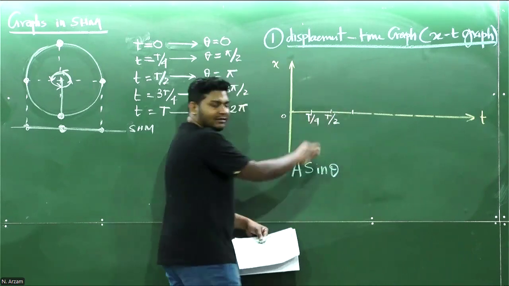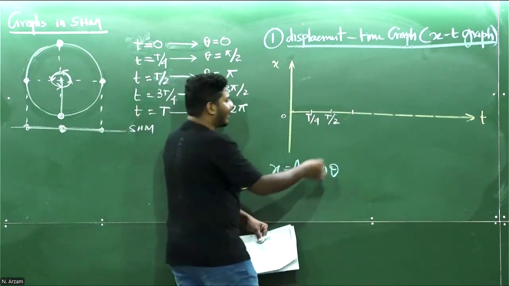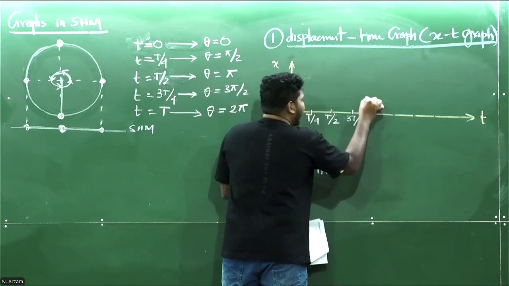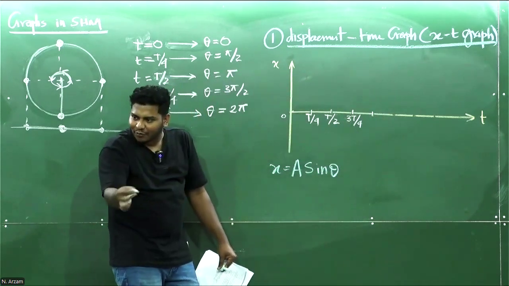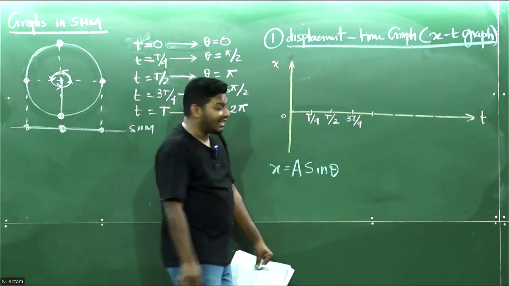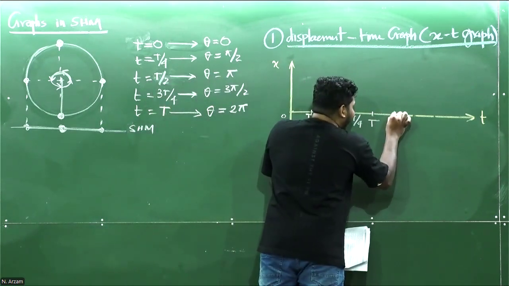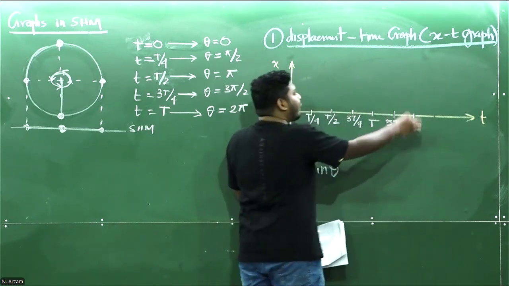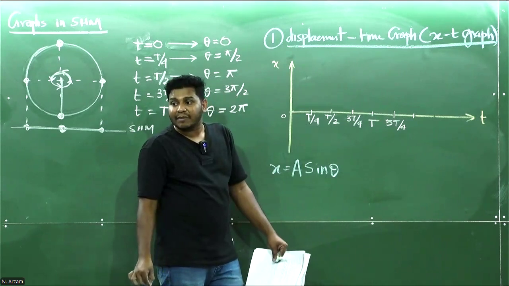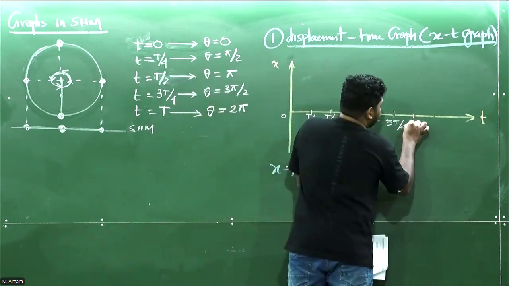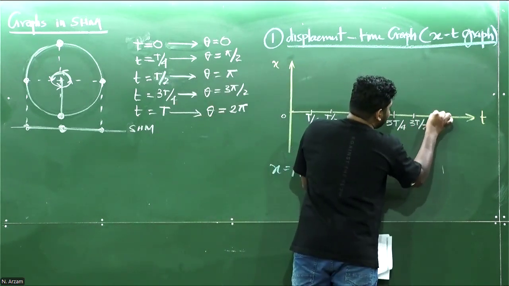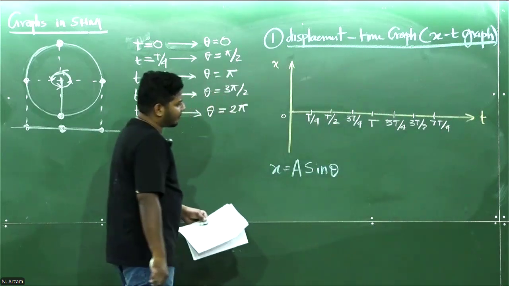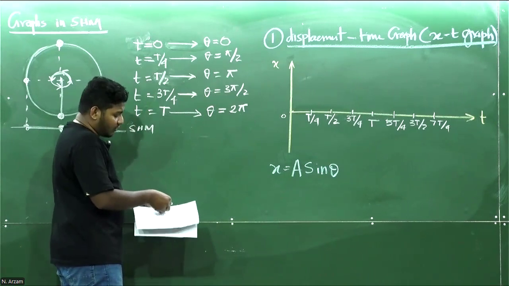This is 3T by 4. I'm getting the scale like this. This is 4T by 4. 4T by 4 is equal to T. This is 5T by 4. This is 6T by 4, which is equal to 3T by 2. This is 7T by 4. Okay. This is the time.